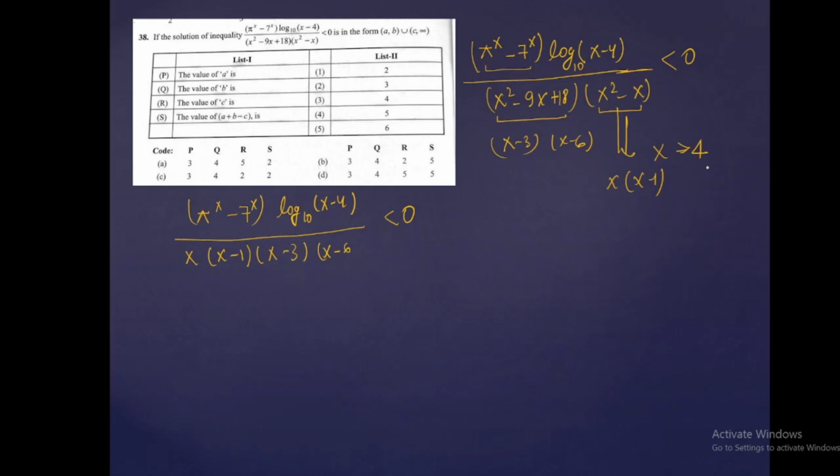So if x is greater than 4, this is a positive number, this is a positive number, this is a positive number, and all of this can go to the right hand side, because they will not change the symbol, right?